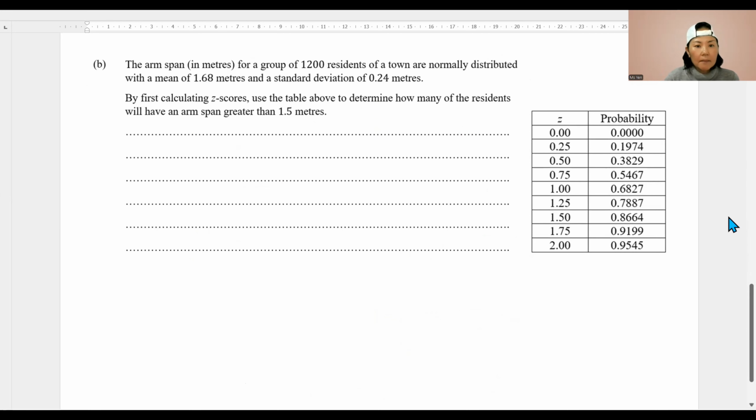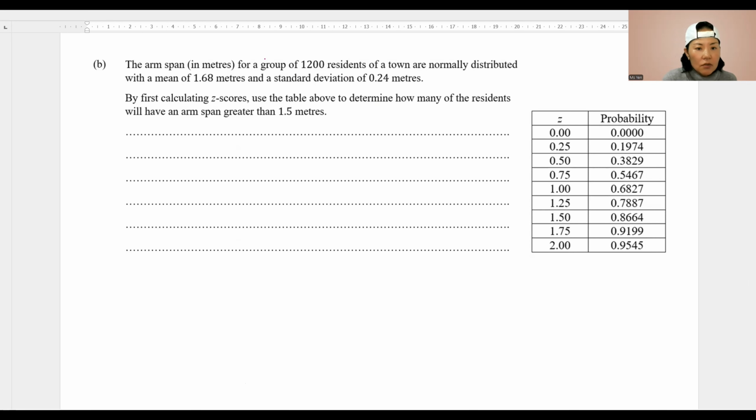Moving on to part B. The arm span in meters for a group of 1,200 residents of a town are normally distributed with a mean of 1.68 meters and a standard deviation of 0.24 meters. By first calculating z-scores, use the table above, which we have on the side, to determine how many of the residents will have an arm span greater than 1.5 meters.